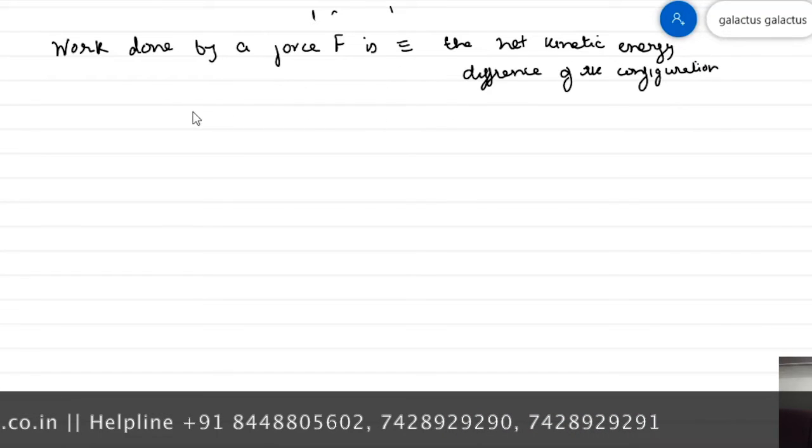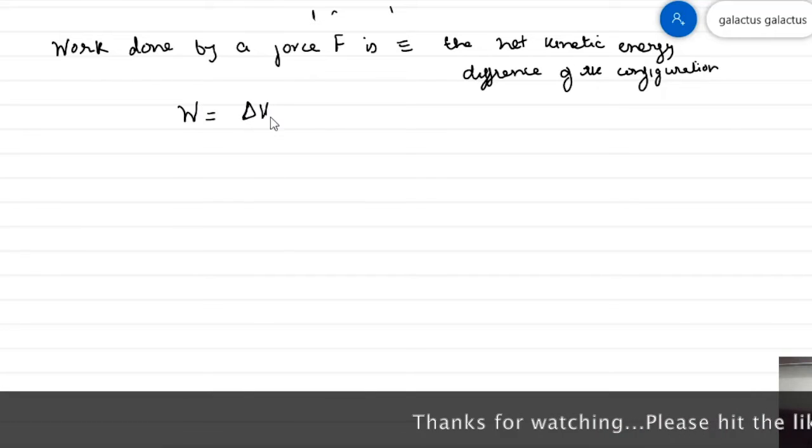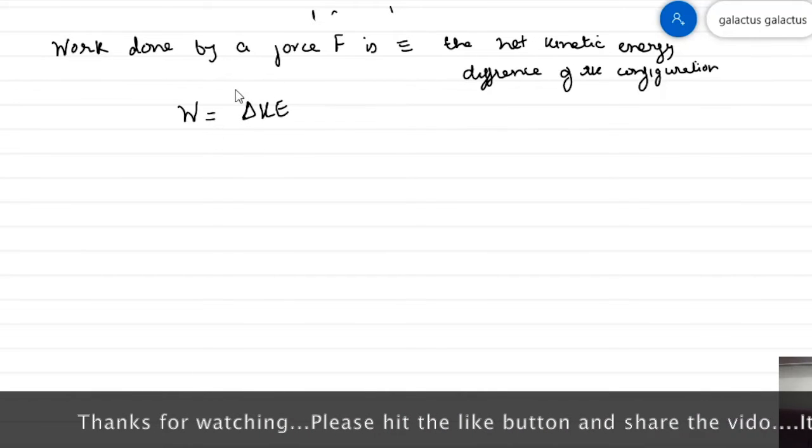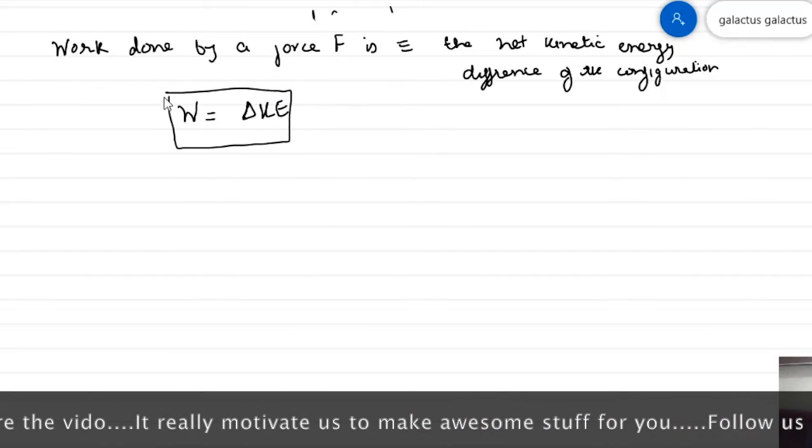So the work W is equal to delta KE, that is, the change in the kinetic energy. So this is our work energy theorem.